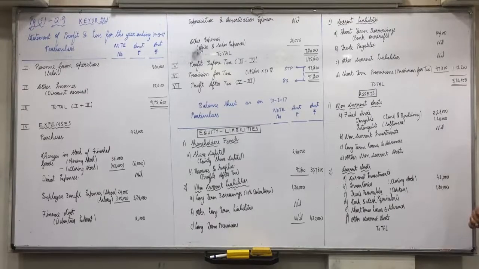Non-current investments nil. Then Aryan and me, stop talking. Long-term loans and advances nil. Other non-current assets nil. 3,48,000. Current investments nil. Cash and cash equivalents nil. Short-term loans and advances nil. Other current assets nil.